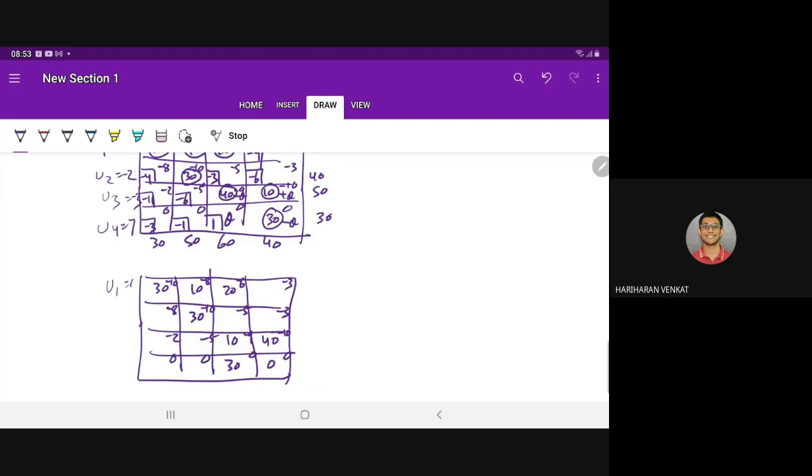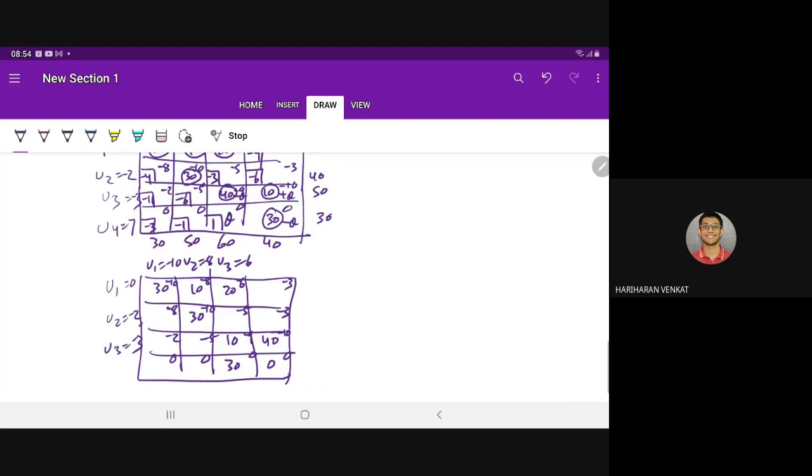So as you take the u1 is equal to 0, v1 is equal to minus 10, v2 is equal to minus 8, v3 is equal to minus 6. And as the u2 is equal to minus 8, the u2 will become the minus 2. And as you take the v3 is equal to minus 6, the u3 will become the minus 3.